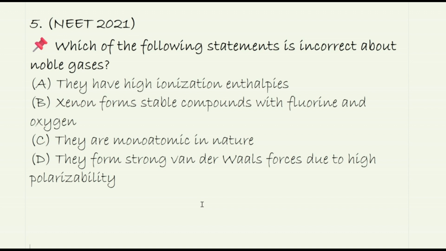So which of the following is incorrect about noble gas? Yes, you are right. They form strong van der Waals forces due to high polarizability. That is wrong. The noble gases have weak van der Waals forces due to low polarizability, except the gases xenon and radon. So this is incorrect statement.